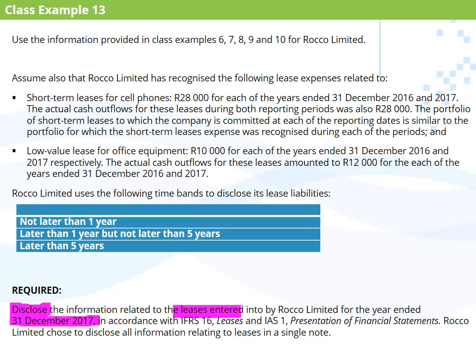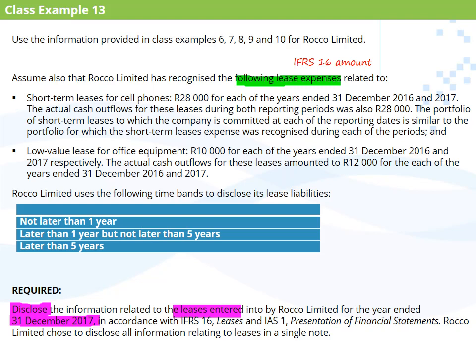Rocco recognized lease expenses. Take note, the information says lease expenses, not lease installments or lease payments. It is what they have recognized in terms of IFRS 16. So these are all the IFRS 16 amounts in this SPLOCI, and thus the expense.